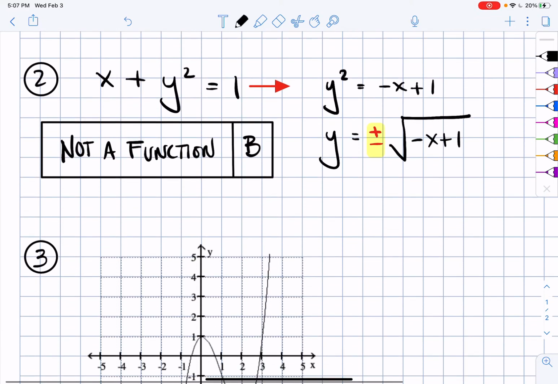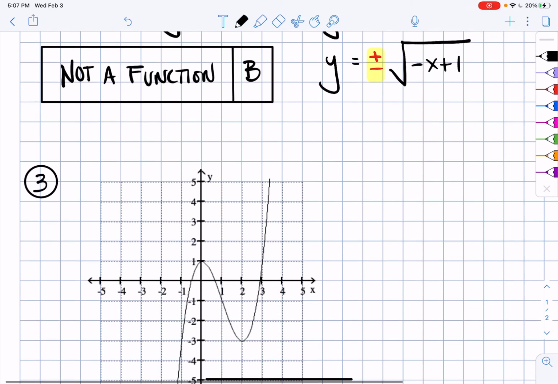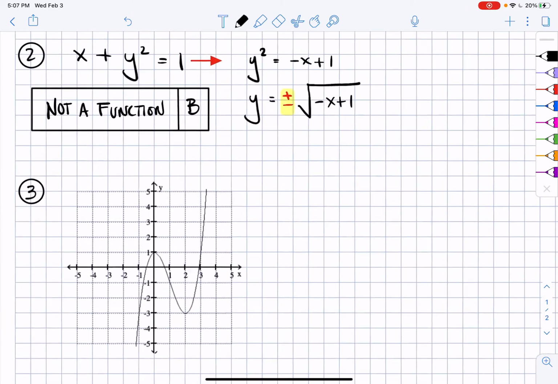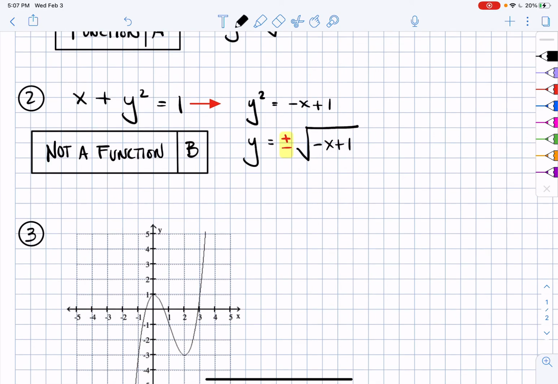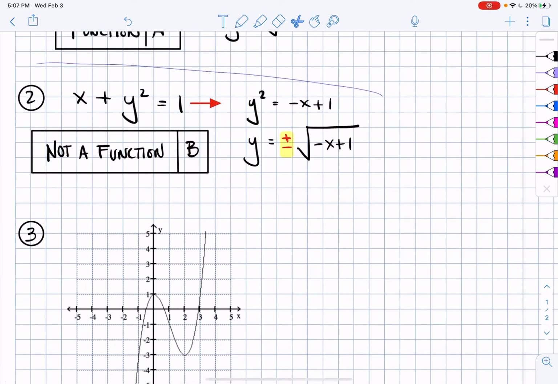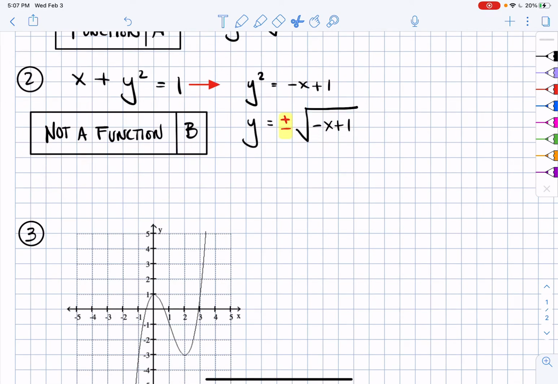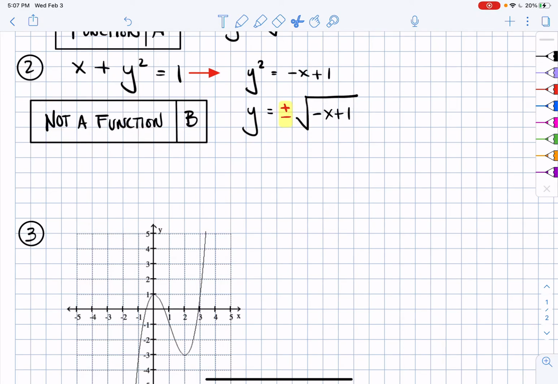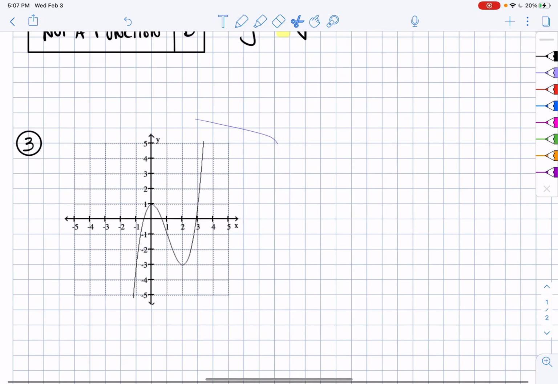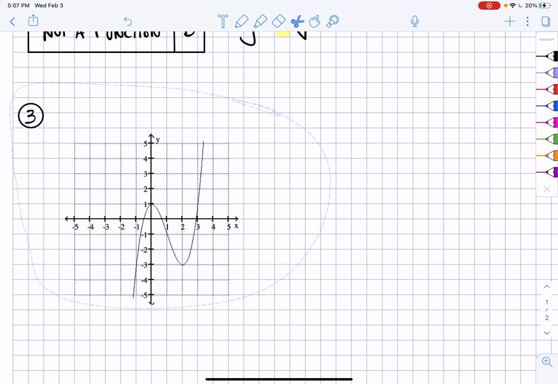All right, for number 3. Number 3, let me do this really quick. Move this up a tad.